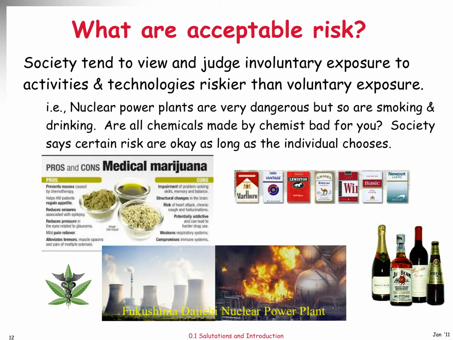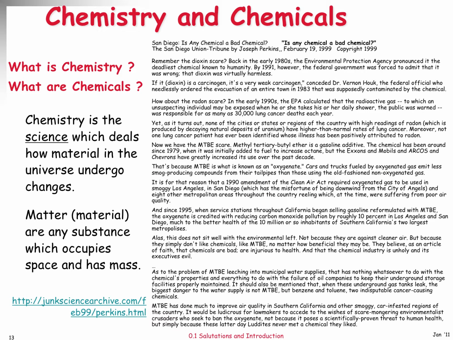As a society, we need to judge that and realize that there's always going to be risk and benefits. And it's up to us through science education to make that judgment. Take, for example, this article that was printed in 1999. It talks about the ill effects of chemicals and that all chemicals are bad.